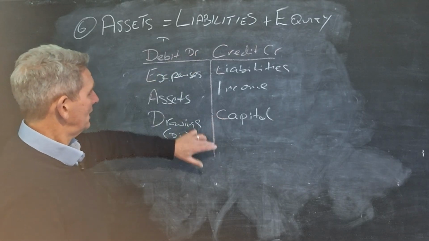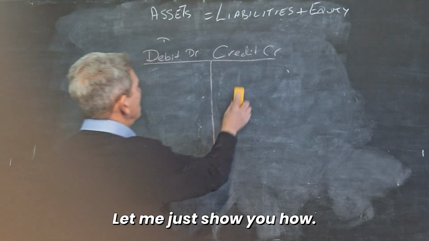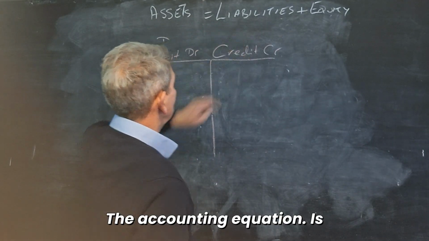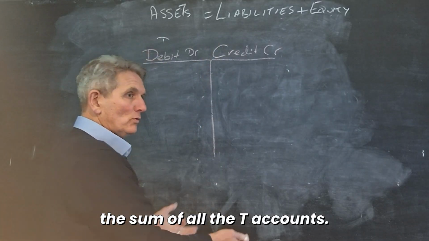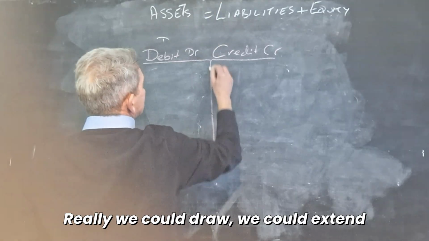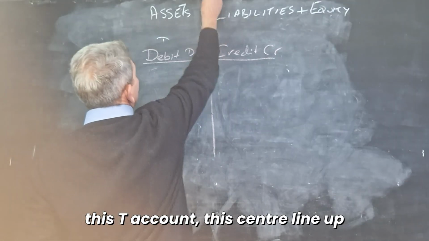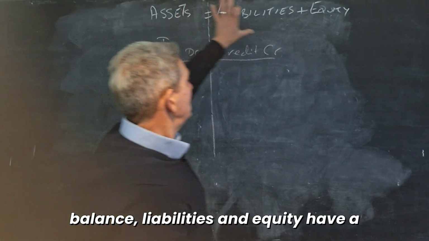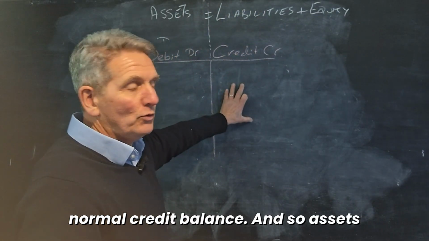So DEAD CLIC. Let me just show you how the accounting equation is the sum of all the T accounts. Really, we could extend this T account, this center line, up through here. Assets have a normal debit balance. Liabilities and equity have a normal credit balance.